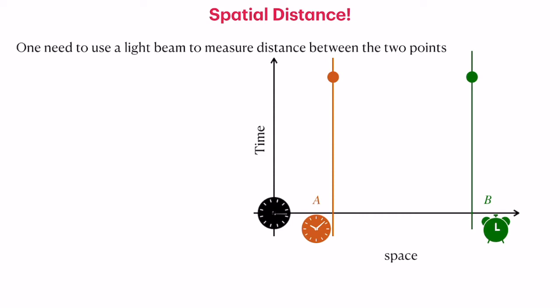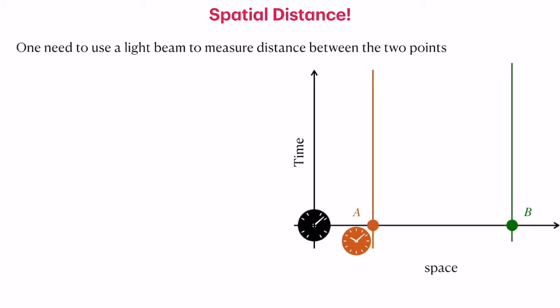So one interesting way of measuring the distance between the 2 points is basically by forgetting the active role of B itself, except that B carries a mirror and A carries a light source, and all the measurements are done with respect to A, his clock, and his coordinate system. Now, observer A will send a laser beam, simultaneously starting the clock, and that would go to observer B and reflect back to observer A again.